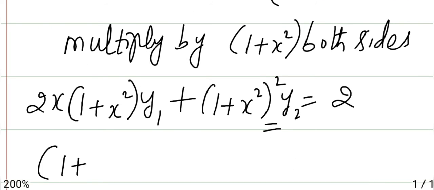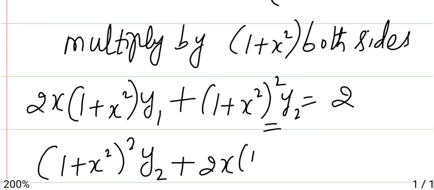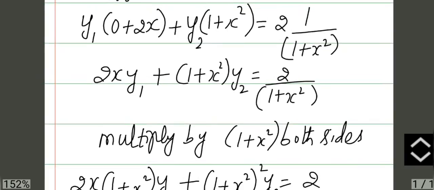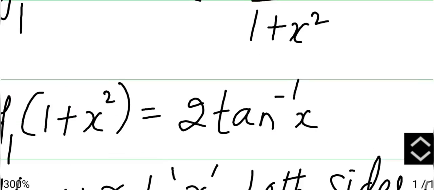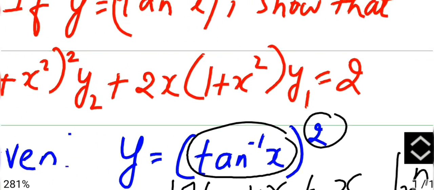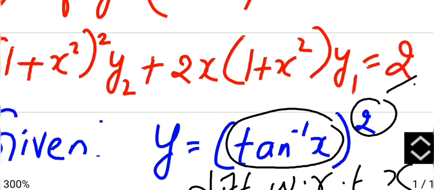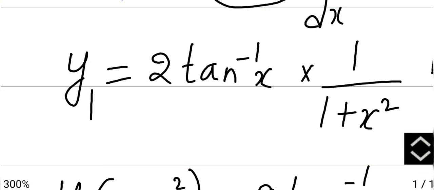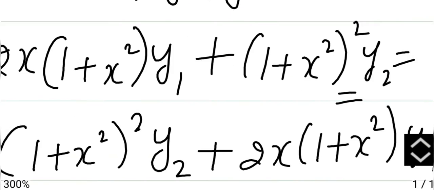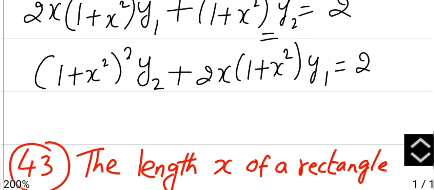So it will be 1 plus x square whole square y2 then plus 2x into 1 plus x square y1 equals 2. So this is what they have asked in the question. So we have proved the solution for the given differential equation. Hope you understood. So this is the proof.